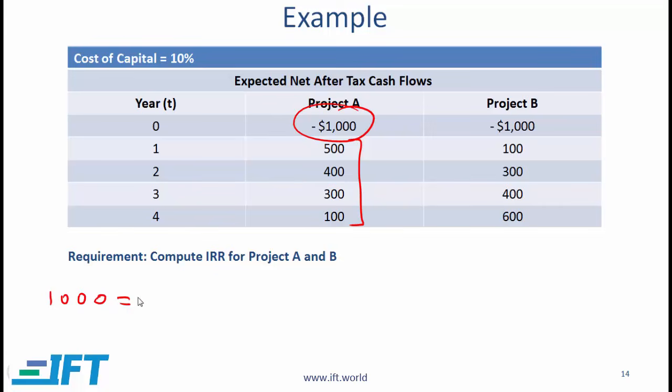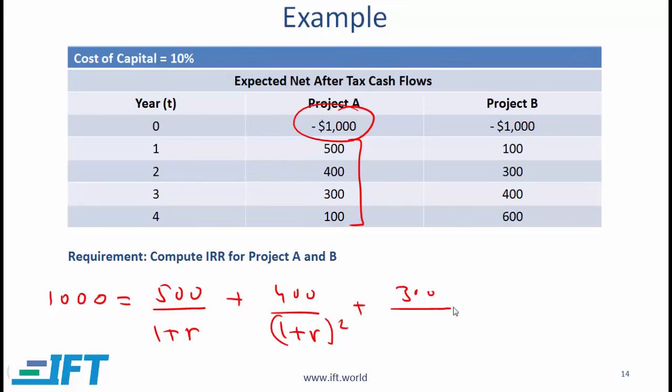Present value of future cash flows would be 500 over 1 plus R plus 400 over 1 plus R squared plus 300 over 1 plus R cubed plus 100 over 1 plus R to the power of 4.